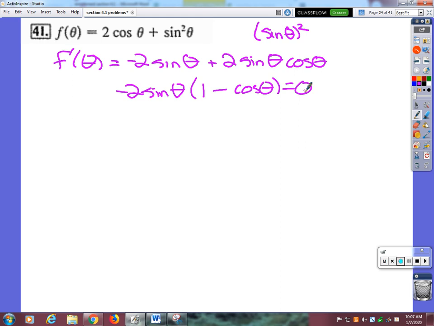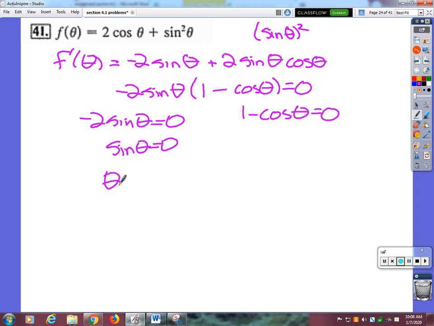Yeah? All right, so since those two things multiply together to equal 0, that means each individual piece can equal 0. If I divide this by -2, that leaves me sine theta equals 0.